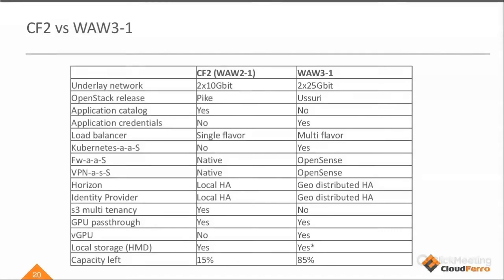The Horizon in CF2 was a local high availability Horizon panel, but in the new cloud, Horizon is geographically distributed across many different zones, so there is no real way for this service to stop working. There are many servers across different regions providing this service, and the same goes for the identity provider.